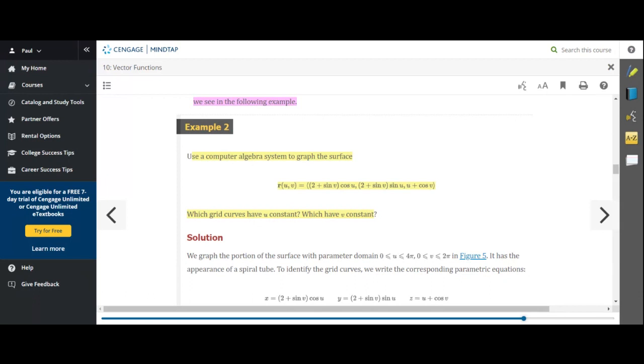If the variable V were held constant, then the 2 plus sine of V in front of the cosine of U and the sine of U, what would that represent if V is constant?